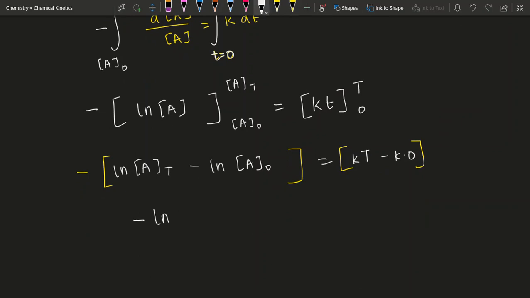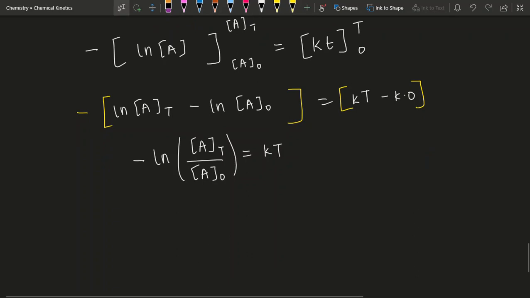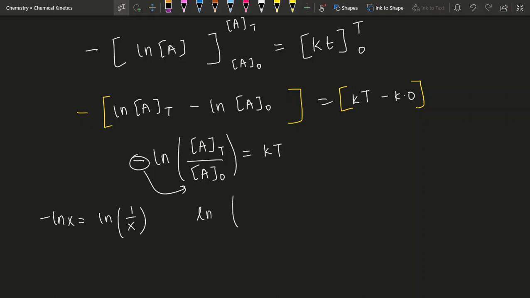And once you evaluate it and simplify it further, you have negative of natural log of A at time t over A at time 0 equals kt. And since the negative sign reverses the log, negative of log x is equal to log of 1 over x, you can write this as natural log of A naught over A at time t, and that is equal to k times t.